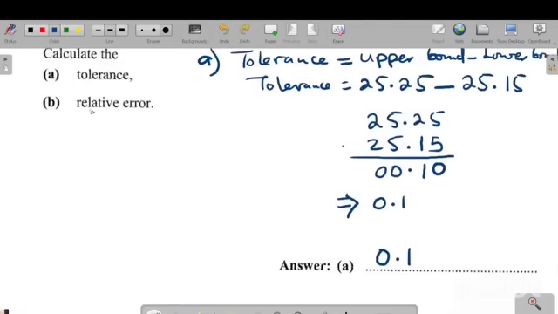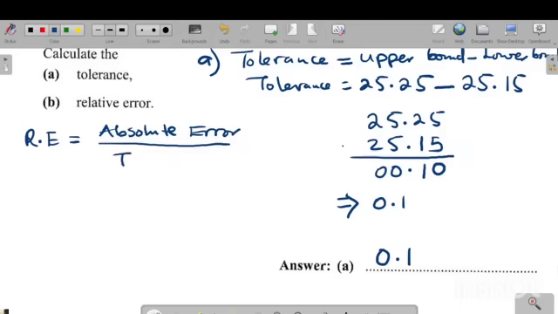All right. The next question is telling us to find the relative error. Relative error, RE, is given by absolute error divided by the true value.